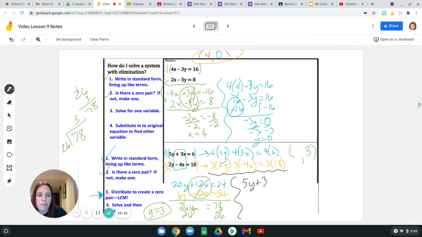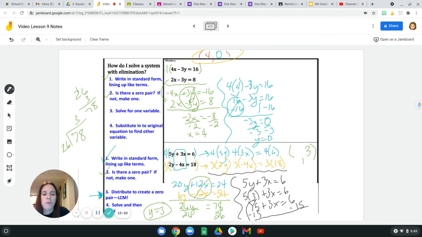5y plus 3x equals 6. And I'm going to substitute in for y there, the 3, to help me solve for my x. 5 times 3 is 15. 15 plus 3x equals 6. A two-step equation. Zero pair your constant on both sides.